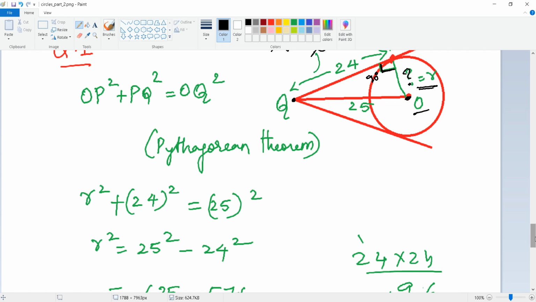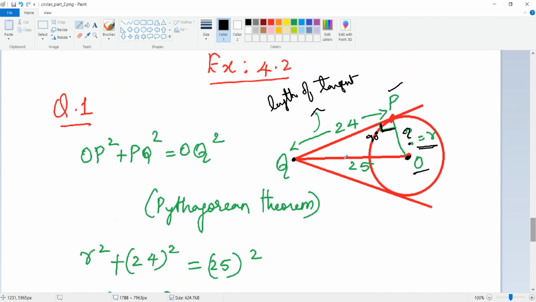This 25 is the longest side, because it is the side opposite the 90 degree angle. The longest side is called the hypotenuse. So the other two sides, OP squared plus PQ squared, should give you the hypotenuse squared, that is OQ squared. This is your Pythagorean theorem.